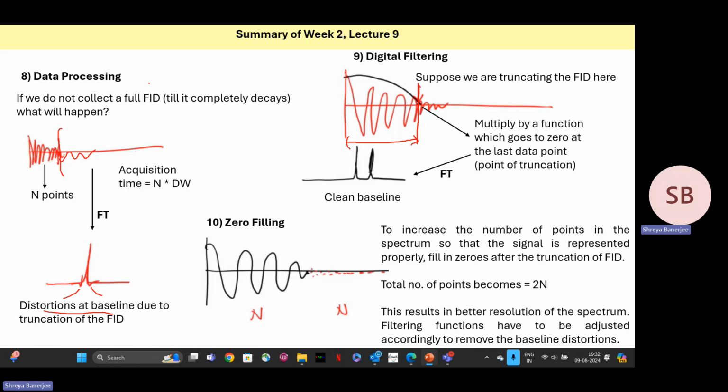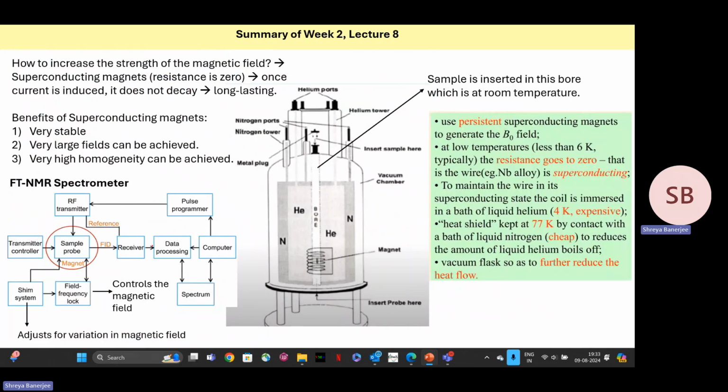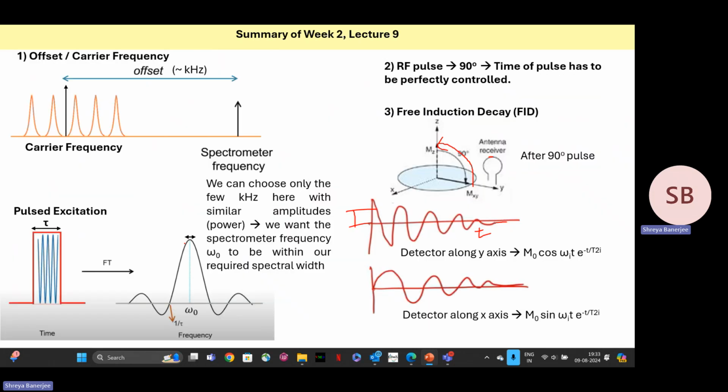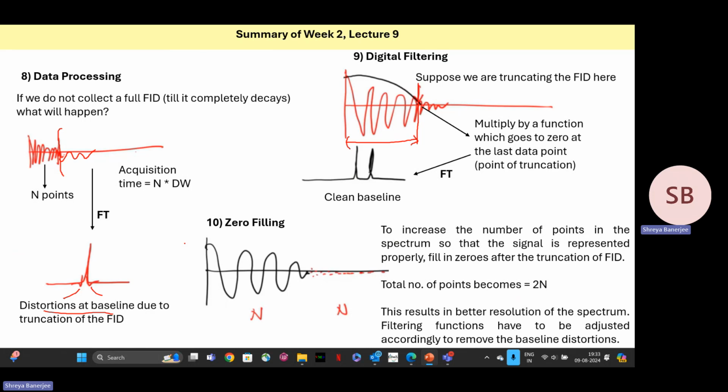So what we can do is, you saw in the spectrometer, you have this data processing part. In the data processing part, there are several mathematical functions which can be performed on the data to obtain the cleanest signal. So in that data processing part, you multiply the FID by a function which will go to 0 at the last data point.